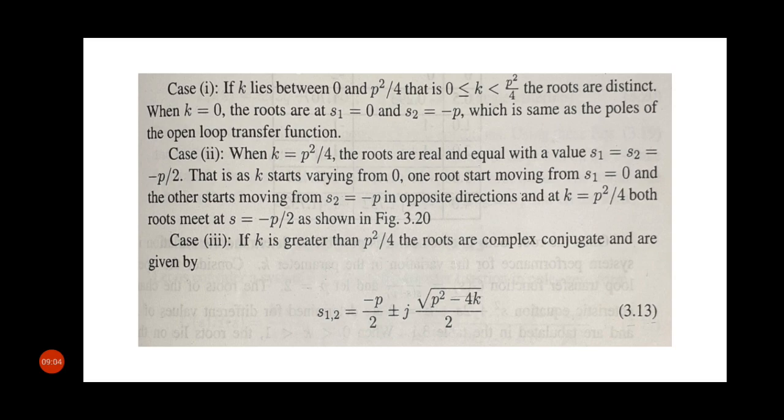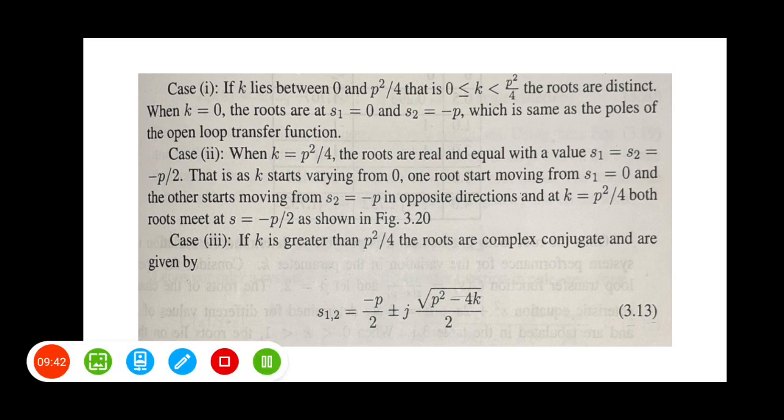When K equals 0, the roots are S1 equal to 0 and S2 equal to minus p, which is the same as the poles of the open loop transfer function. See here in equation 3.13, if K equals 0, then S1 equals 0 and S2 equals minus p.